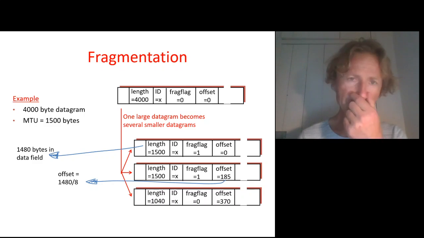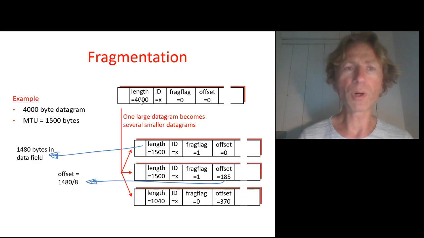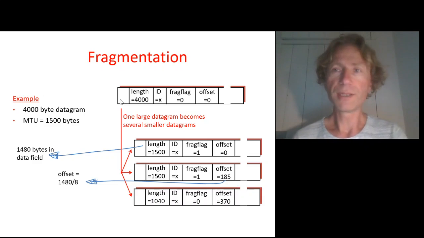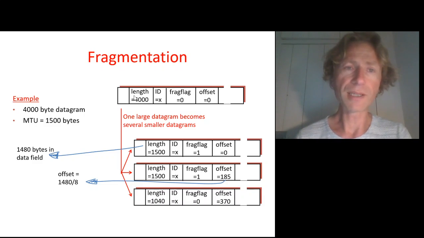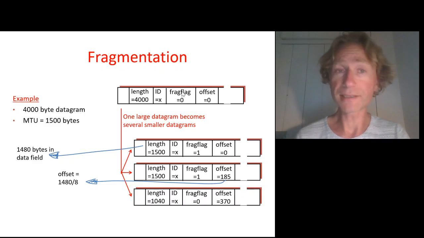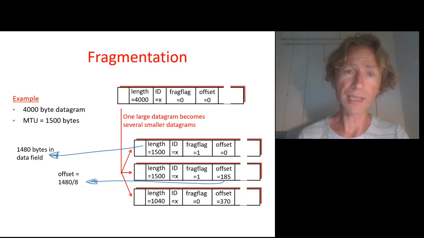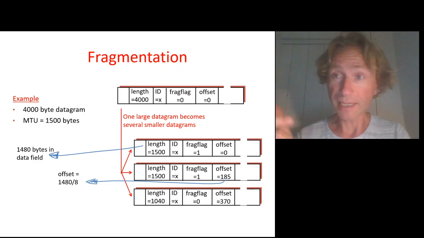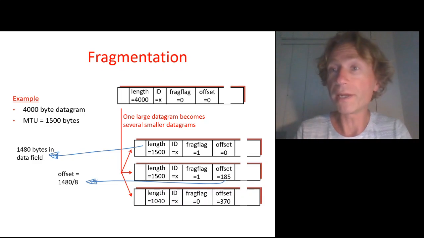In this case we have an example of a datagram that has a length of 4,000 bytes. It has a frag flag that's set to 0, so it's not fragmented yet. And it has an offset of 0, which means that the first byte in this datagram is indeed the first byte in the packet.